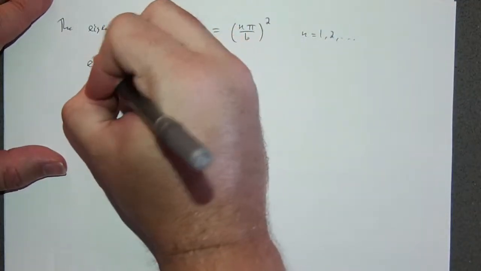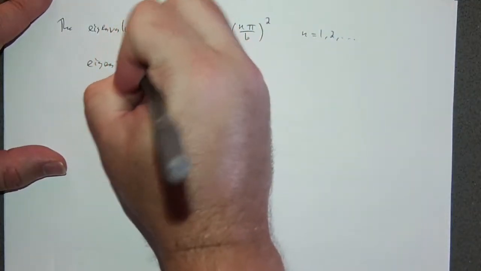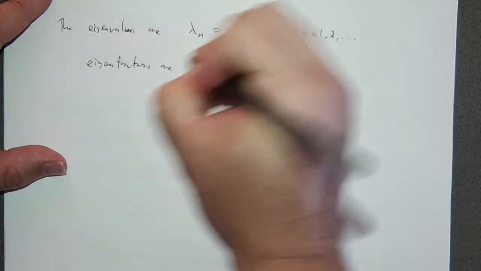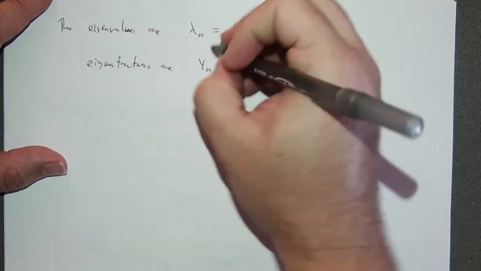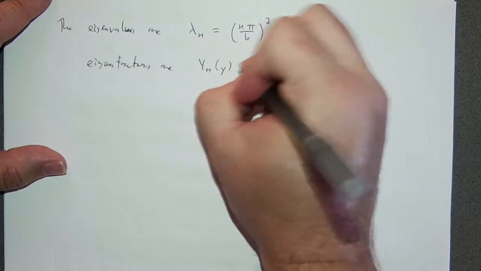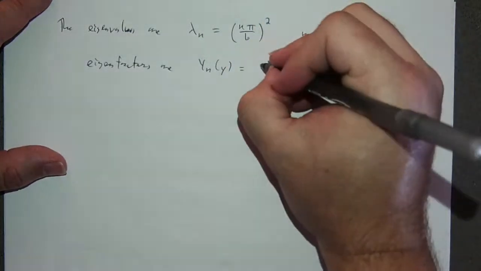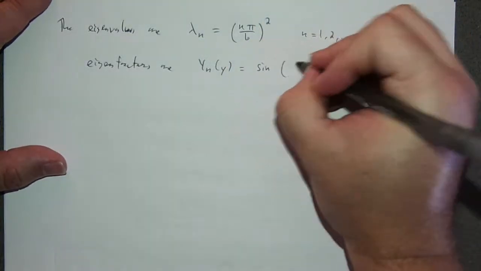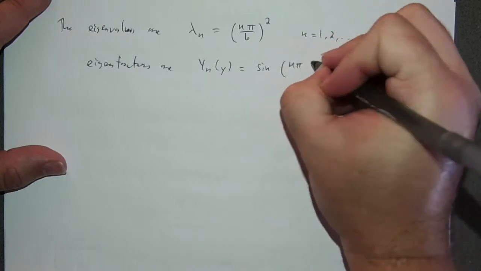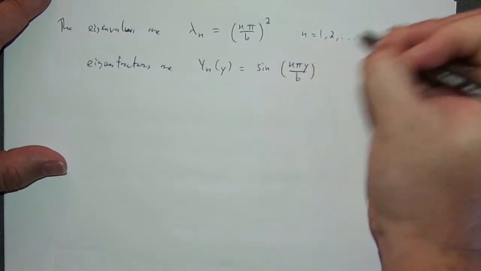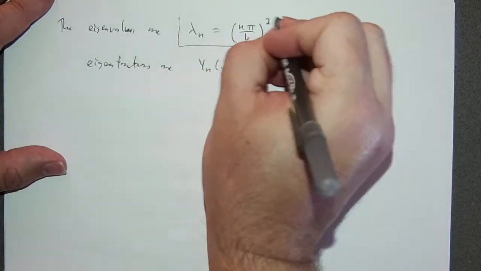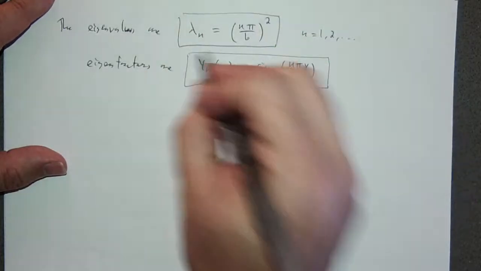And the eigenfunctions are Y sub n of y, the corresponding sine eigenfunctions, sine of n pi y over b. So there are my eigenvalues and my eigenfunctions.